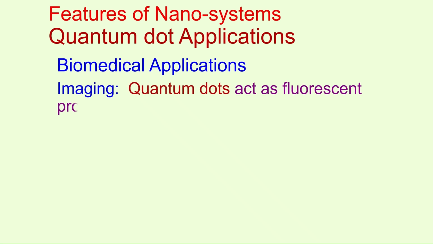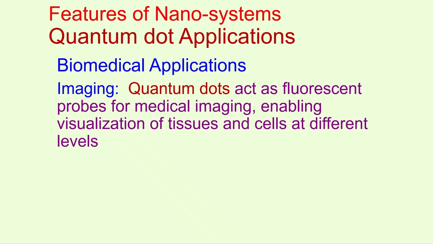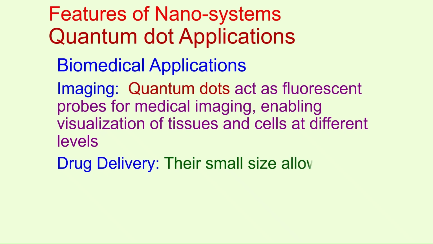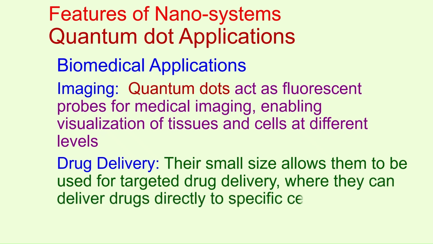Quantum dots act as fluorescent probes for medical imaging, enabling visualization of tissues and cells at different levels. Drug delivery. Their small size allows them to be used for targeted drug delivery, where they can deliver drugs directly to specific cells or tissues.